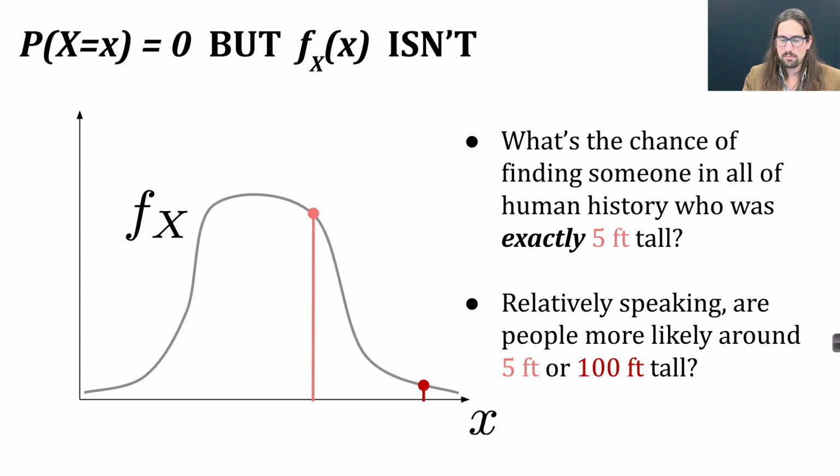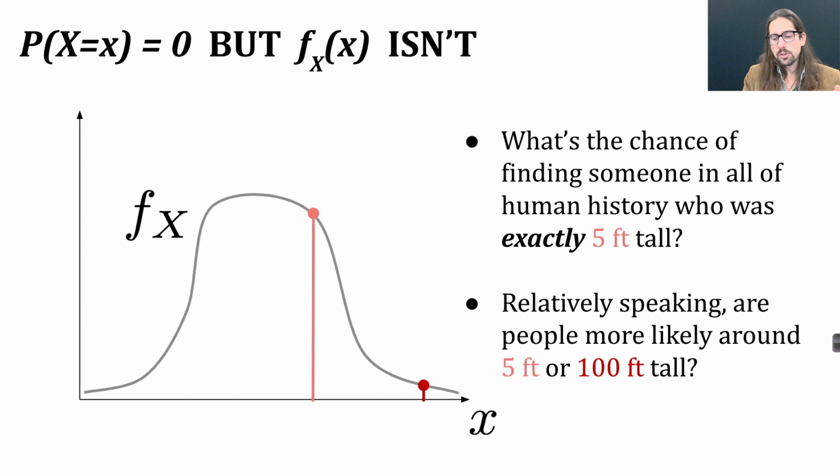It's not totally arbitrary, but the chance of finding someone in all of human history who is exactly 5 feet tall, not 5 feet plus a millimeter, not 5 feet plus 1 nanometer, exactly 5 feet, out of everyone in all of human history, the number of people who are exactly 5 feet divided by the total size of the population is exactly 0. Okay, that's what this says.